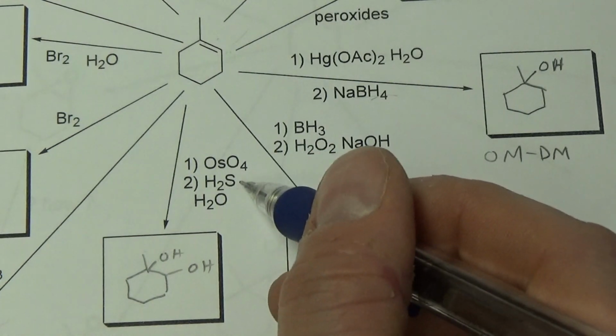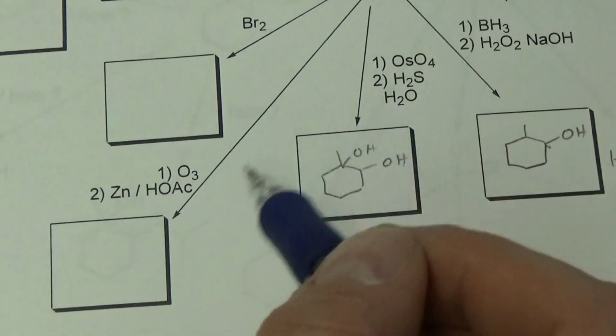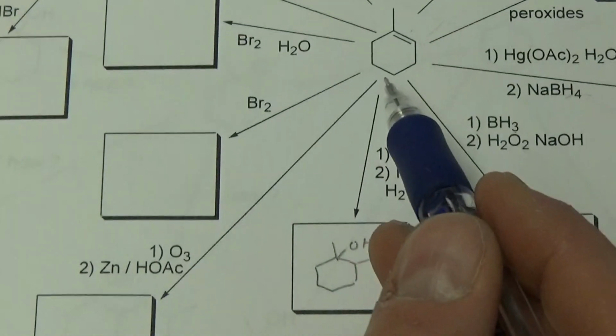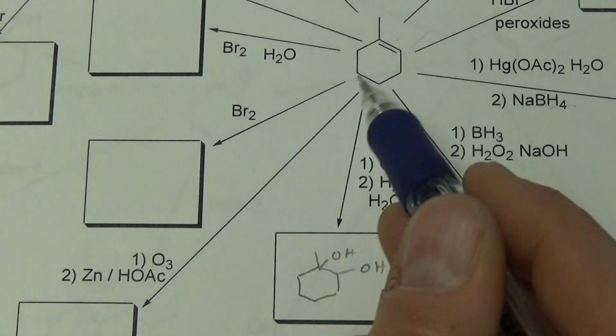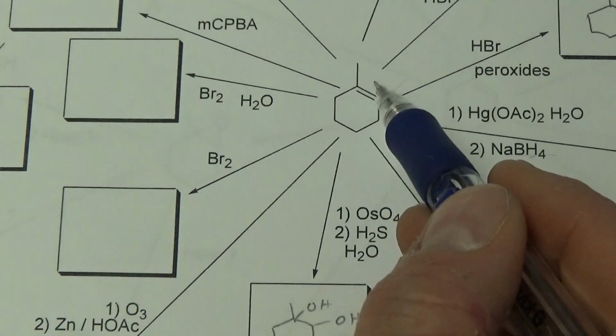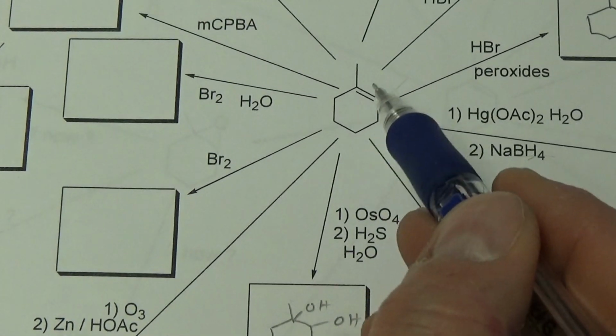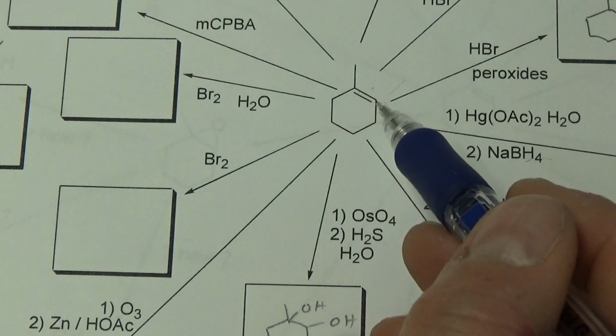It was typically H2S, water. Alright, what's this? This one, O3 is ozone. And ozone cleaves alkenes, so it basically snips the alkene into 2 parts. Basically it's going to make a ketone on one side and an aldehyde on the other.